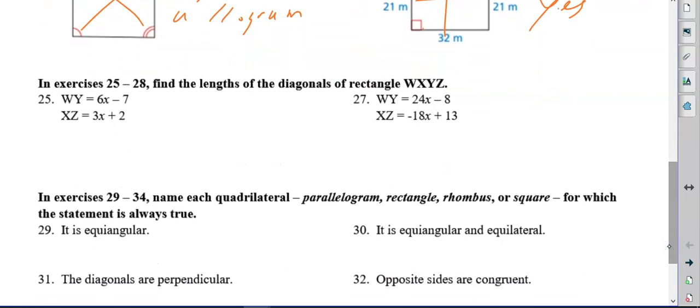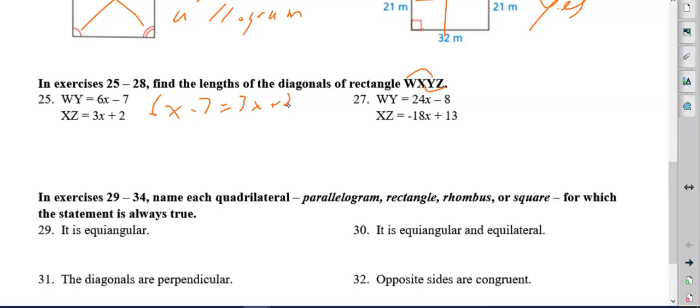Okay, find the lengths of the diagonals. So again, with diagonals, WY and XZ are diagonals, they are equal to each other in a rectangle. So 6x minus 7 equals 3x plus 2. Now notice it says find the length of the diagonals, not just solve for x.